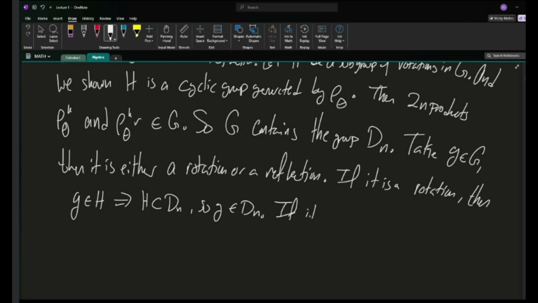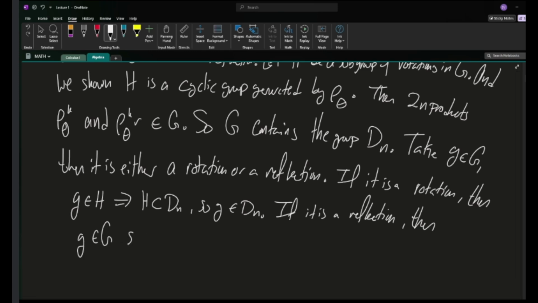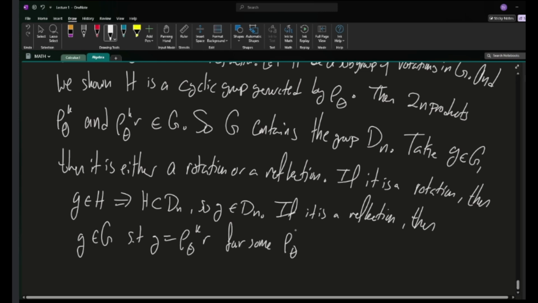If it is a reflection, then g in G is equal to rho of theta to the k times r for some rho of theta to the k.